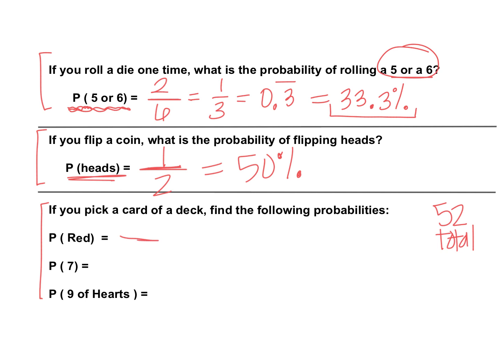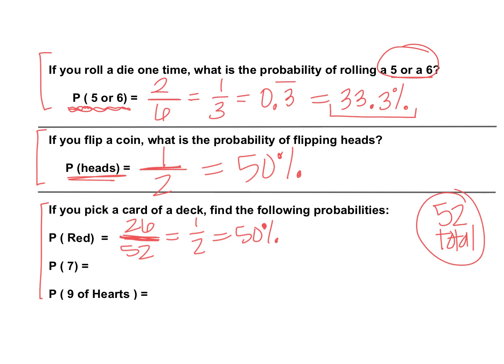So probability of red: there's 52 cards, so 52 is going to be on the bottom. Half of them are red, so half of 52 is 26. 26/52 is the same as 1/2, which is 50%. Since half are red, half are black, we kind of know that there's a 50% probability of getting a red card.